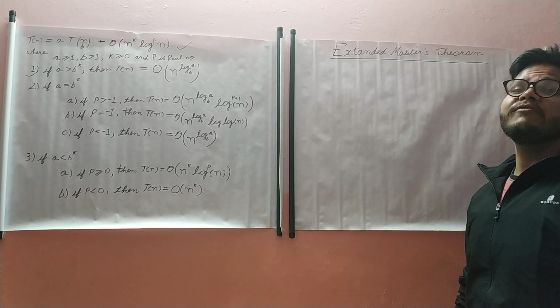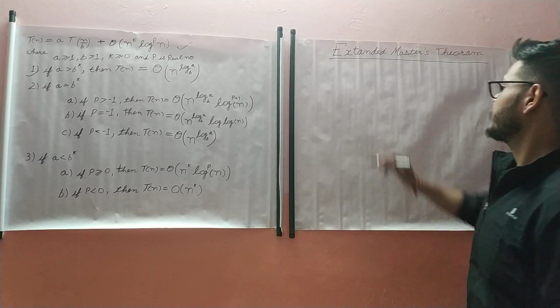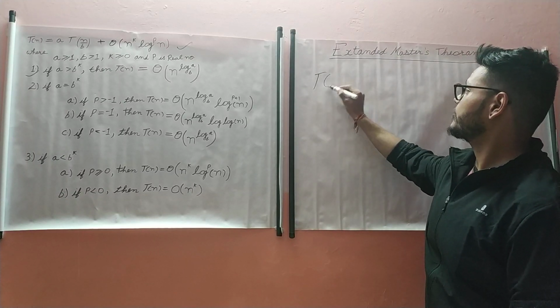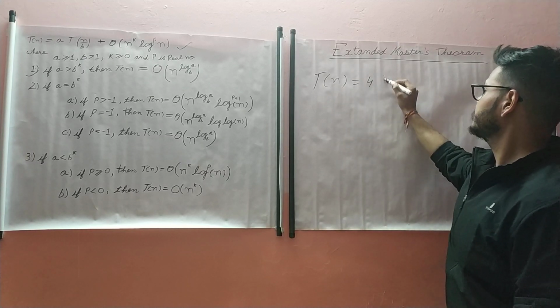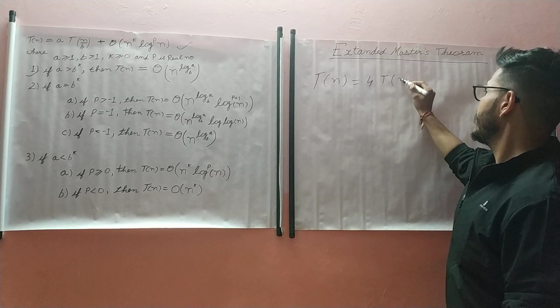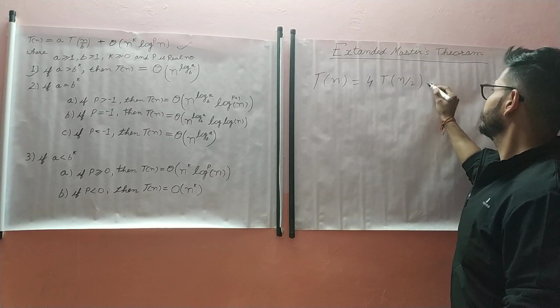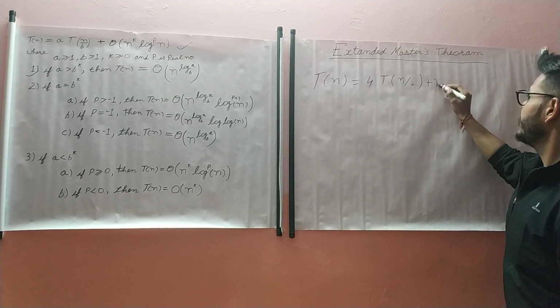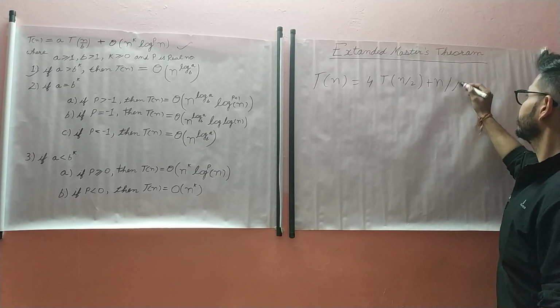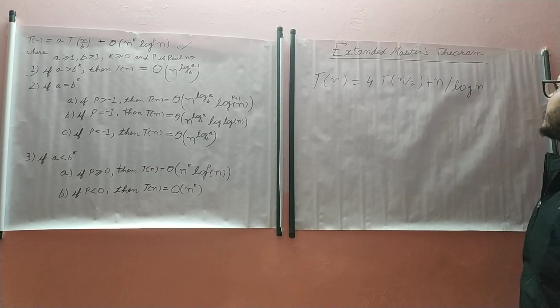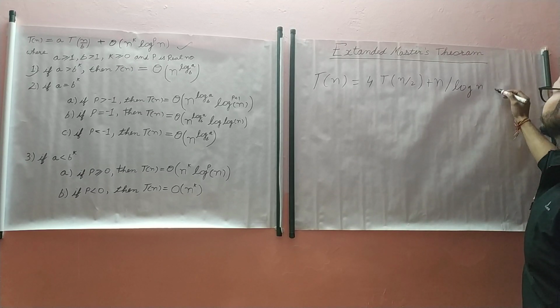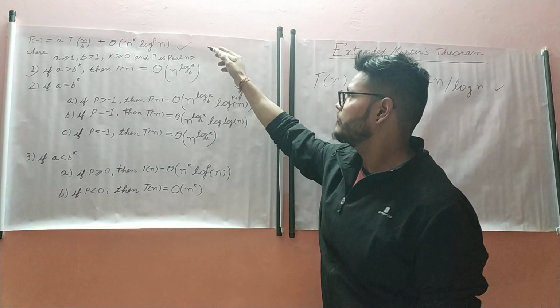Now we will solve another example. T(n) = 4T(n/2) + n/log n. Again we will compare this equation with the form.